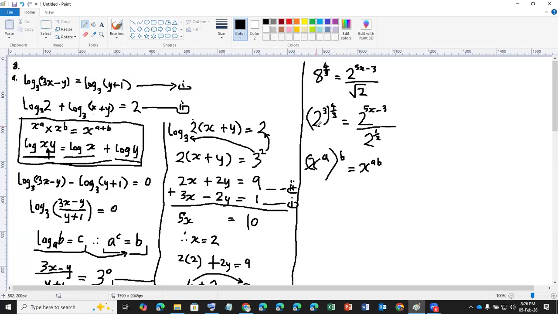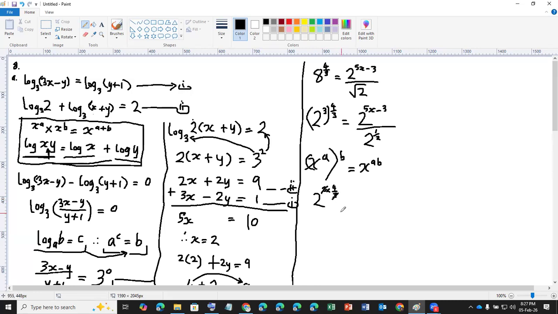So 4 over 3 times 3, you can already see what you have. The 3 will cancel the 3.